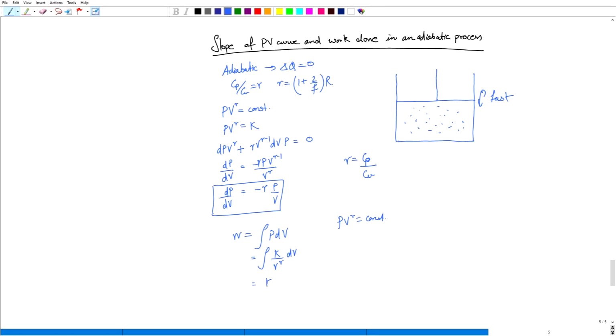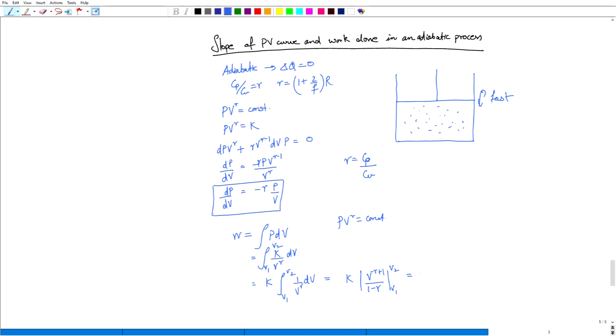So that is K, and we are going from V1 to V2. And K, so this is V to the power minus gamma plus 1 divided by 1 minus gamma, from V1 to V2.